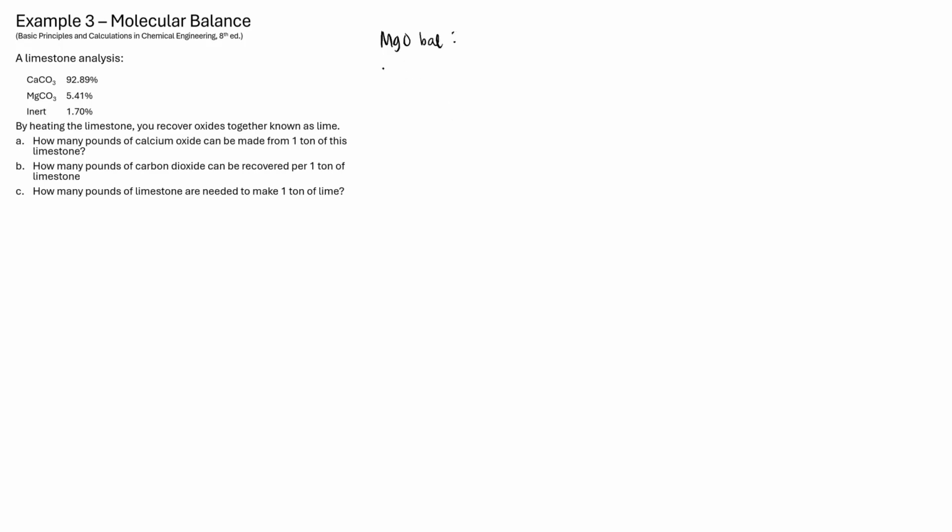So that's in minus out plus gen minus consume equals 0. It's not going out. It's not going in. And it is not consumed. So out equals gen. How do we generate MgO from MgCO3?